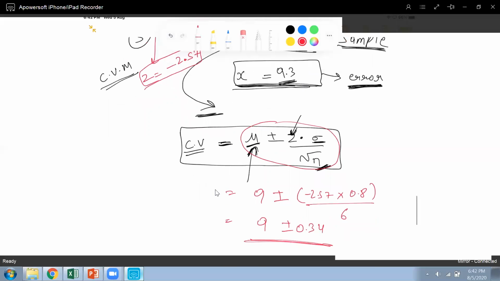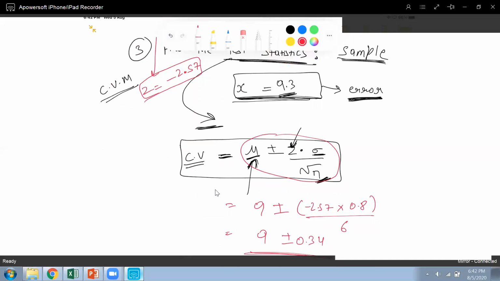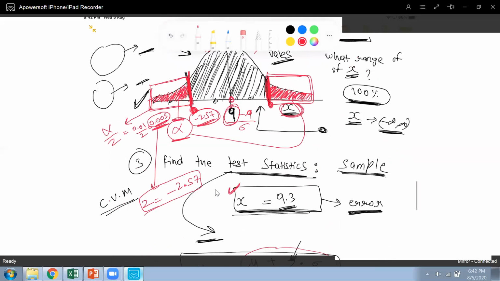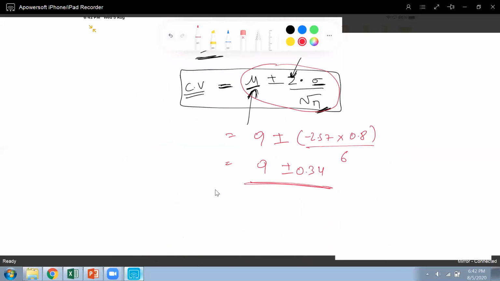So this test value, from this test data set, came out to be 9.3. But my region is from 9 minus 0.34 to 9 plus 0.34, so 9.34, and this will be, let's say, 8.7. I'm taking the average. So what do you think?